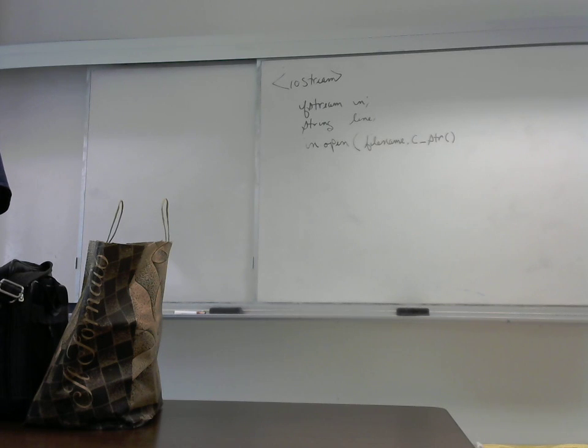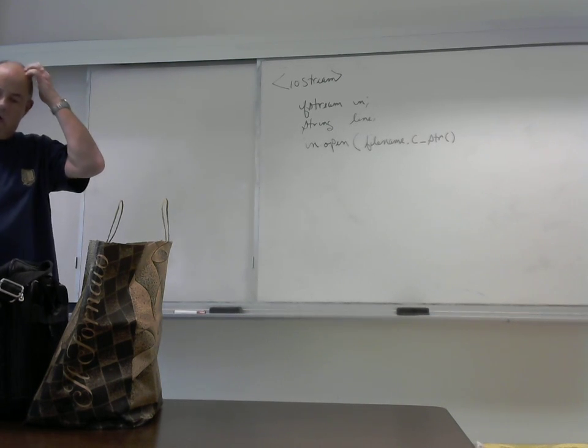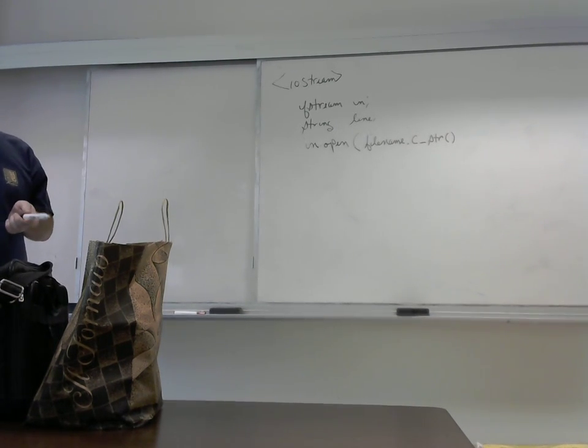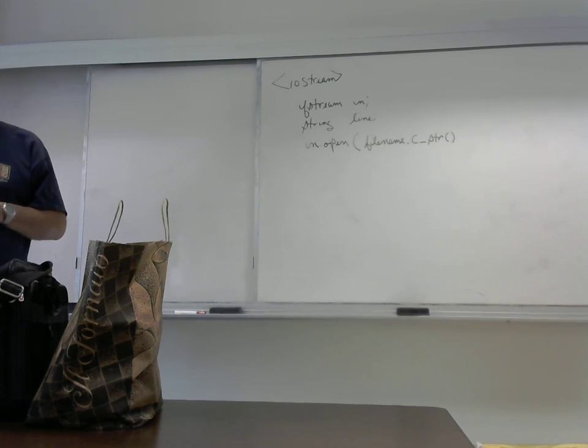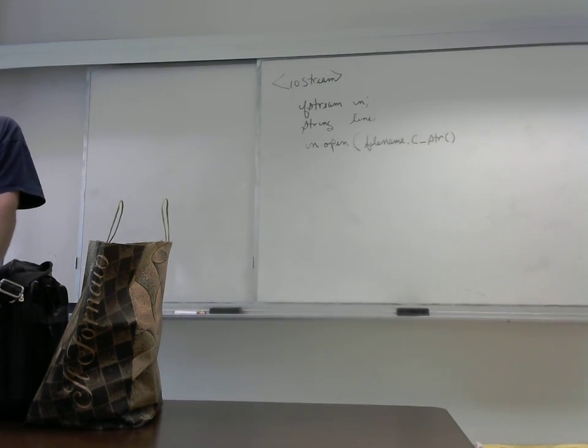If it is not, it's not a valid C string. And there are essentially two ways that you can tell how far to go when you're reading bytes in a string. Either the string itself knows how big it is, or there's some kind of sentinel at the end that says this is the end of the string. C uses a sentinel at the end of the string, which is a null character or a zero. The character zero.